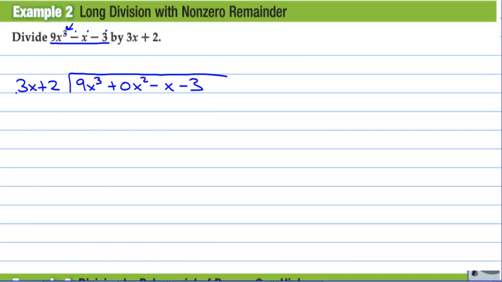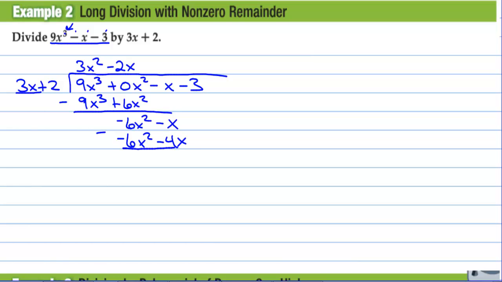Well, we multiply 3x times 3x squared to get 9x to the third. And then 3x squared times 2 is 6x squared. We always subtract in long division, that's negative 6x squared. We'll bring down the minus x. We need to multiply by negative 2x to get negative 6x squared. And then we have minus 4x.